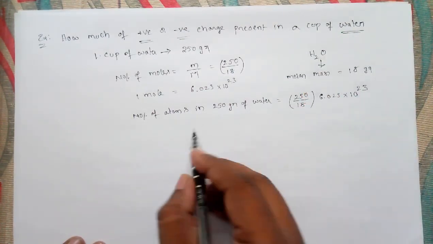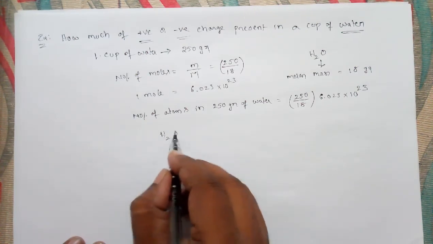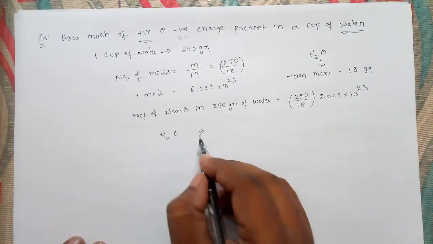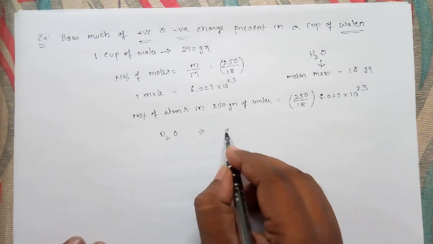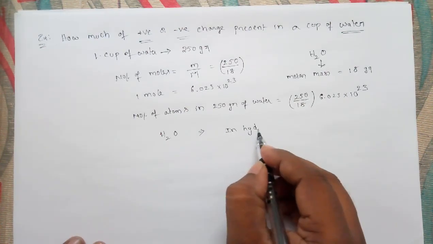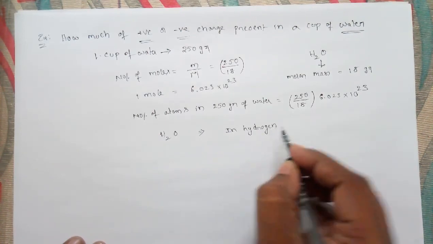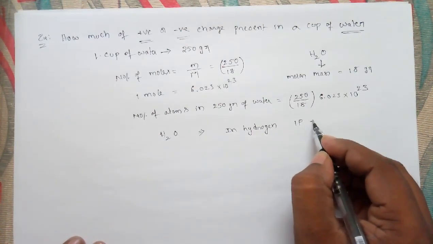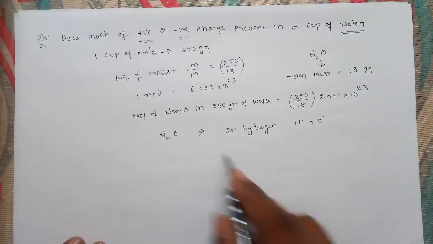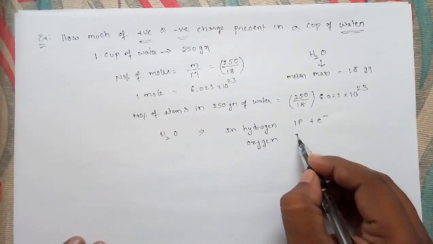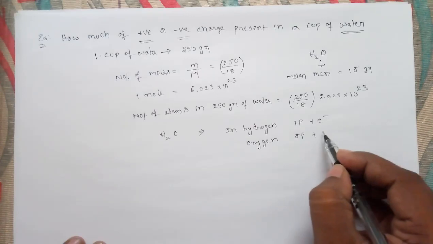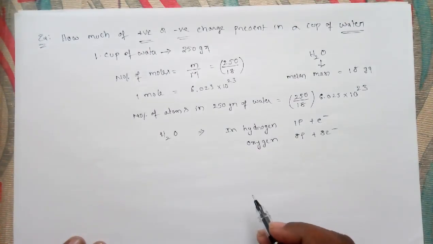You can observe in H2O, two hydrogens are there. In hydrogen we have one proton plus one electron. In oxygen, we know, 8 protons plus 8 electrons.